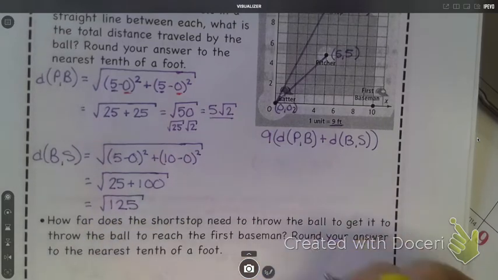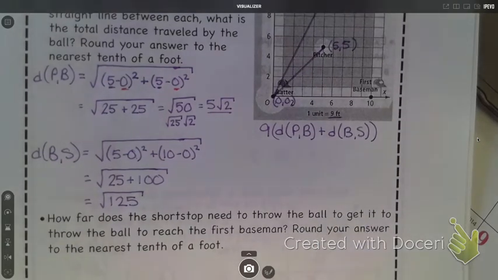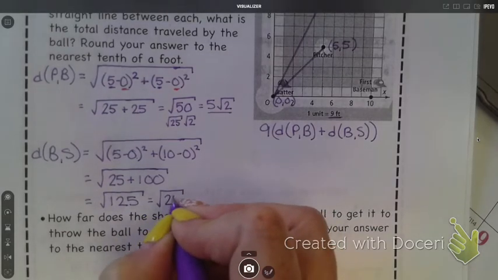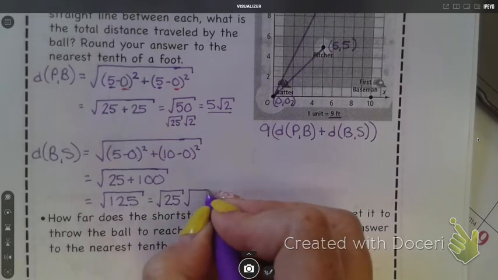So when I say what is the perfect square in the number, I'm talking about what multiplies together and has a perfect square. So 125 has a perfect square in it. 25 and 5. So I have the square root of 25 times the square root of 5.